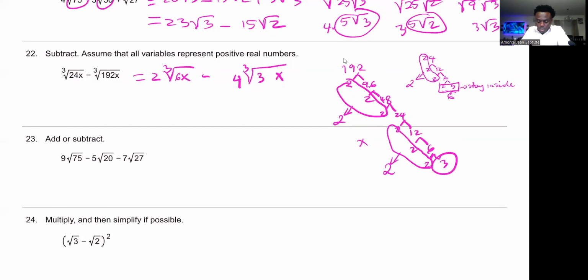So I think we made a mistake in 24. Let me see here. 24. Oh, I grouped them wrongly. Because you see how I used the 2 from 24 as a 2, but it wasn't, right? So I'm sorry about that. We're gonna have to regroup this.